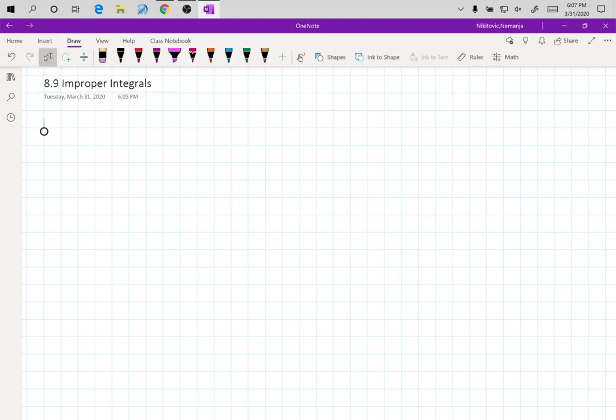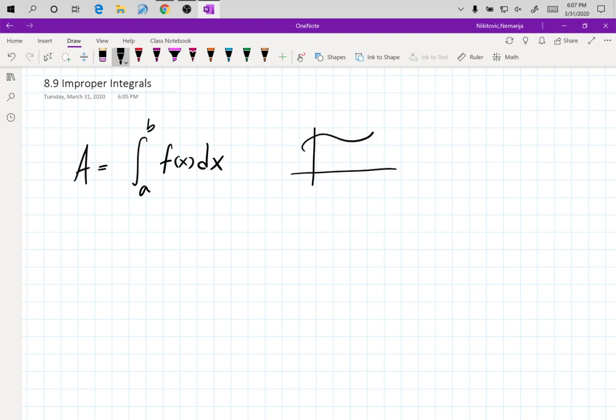So let's go back to what we have, where the definite integral computes area under the curve. If the function is not crossing the x-axis, right?